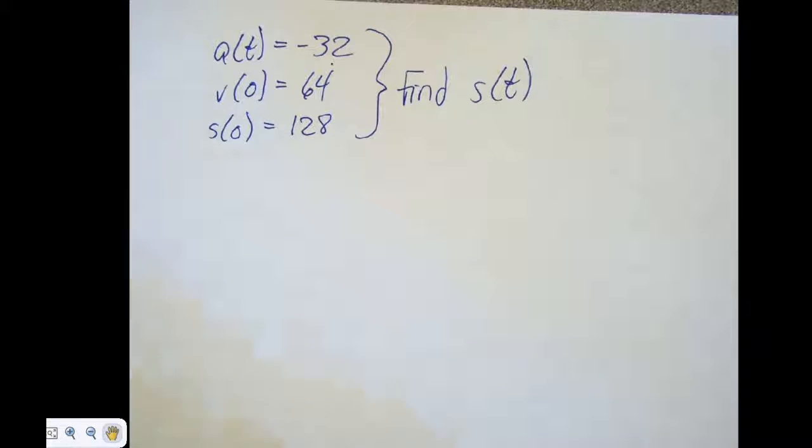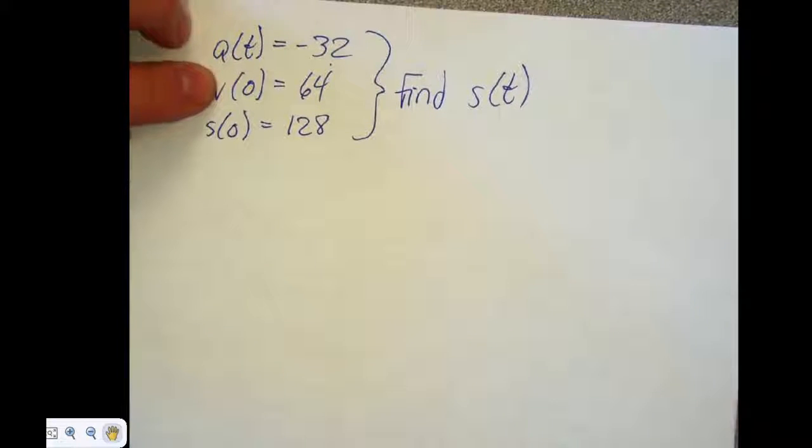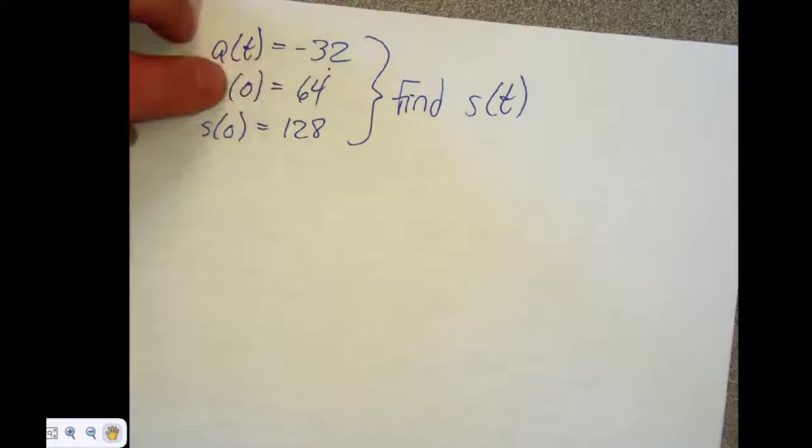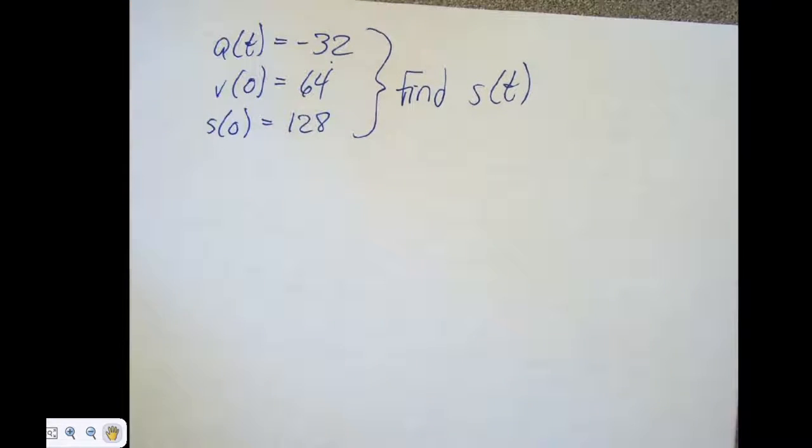Not always, but in this problem, at that specific time, you know 0 and 64 go together, so you use those to find C.